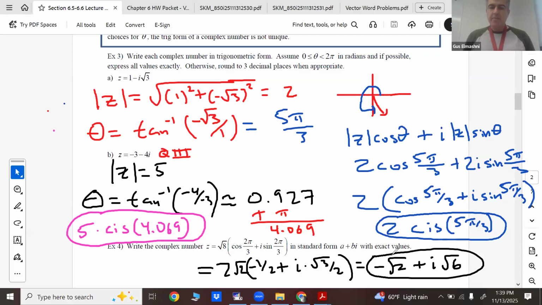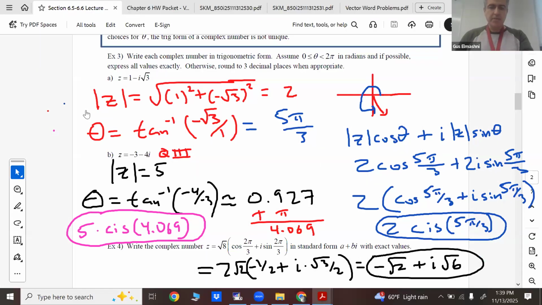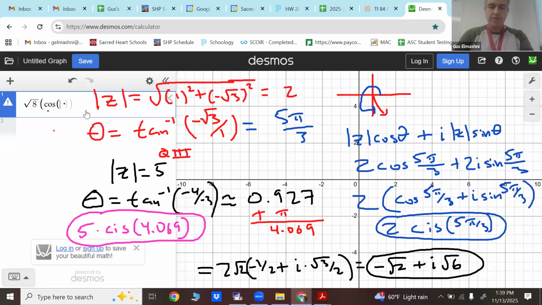Yeah, and again, you could always verify this in Desmos. So if I did square root of 8 parentheses cosine parentheses 2 pi over 3 plus i sine 2 pi over 3, I get that.